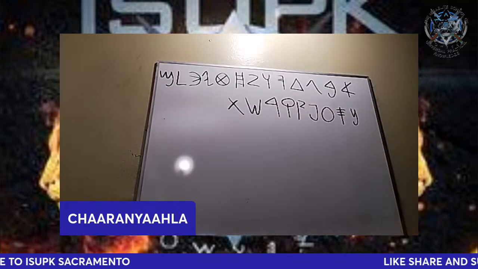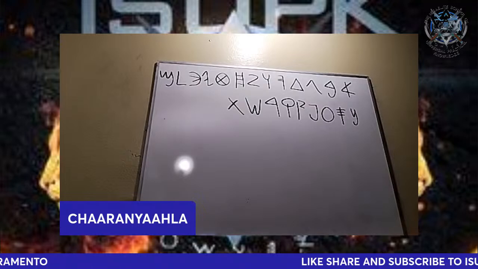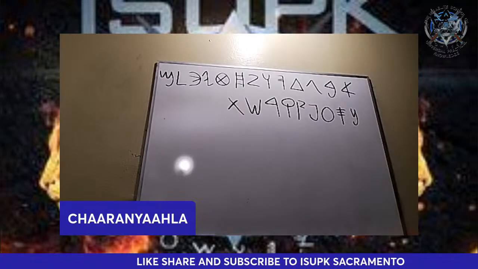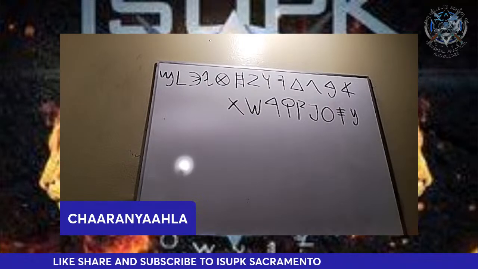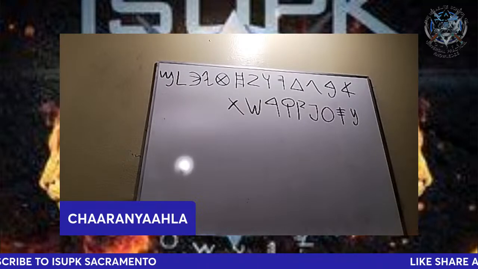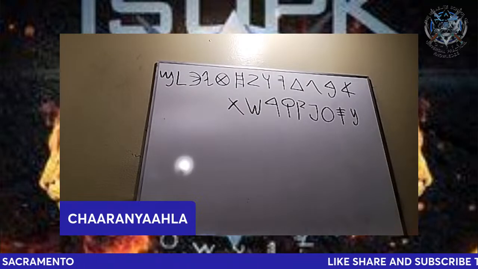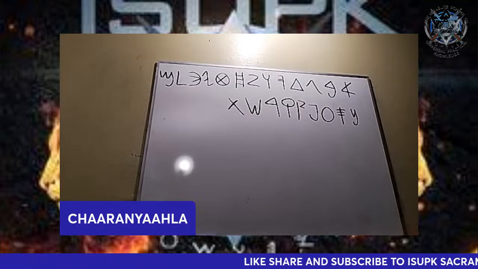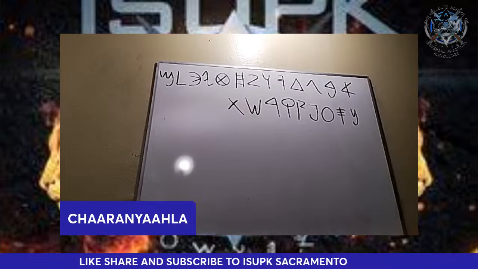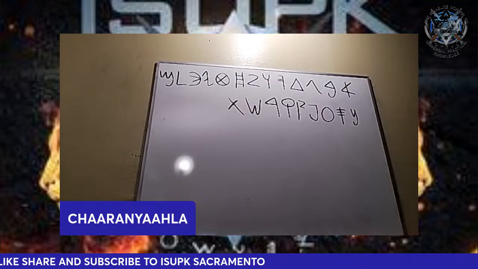So the first character at the top right corner, from right to left: a, next character ba, ga, da, ha, wa, za, ka. The ka, not to be confused with ka, is more of a CHAA instead of a KA.